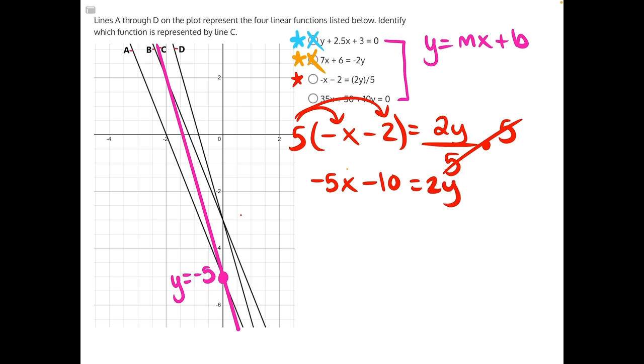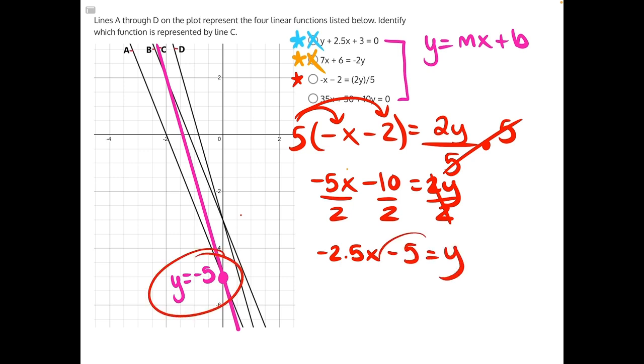Then to isolate our y variable, we have 2 being multiplied to y, so the opposite is dividing everything by 2. These 2's cancel, leaving us with -5 divided by 2 is -2.5x, and -10 divided by 2 is -5. Here we have matching b values, so that makes answer choice C a viable option.